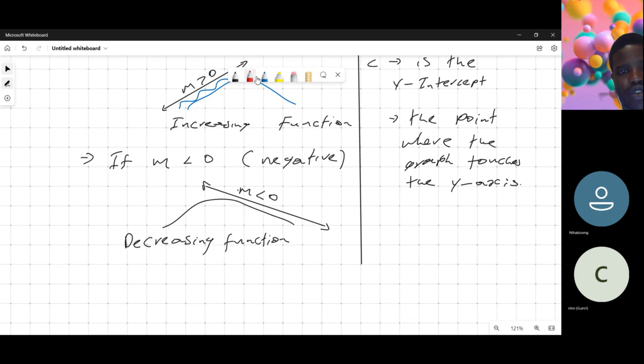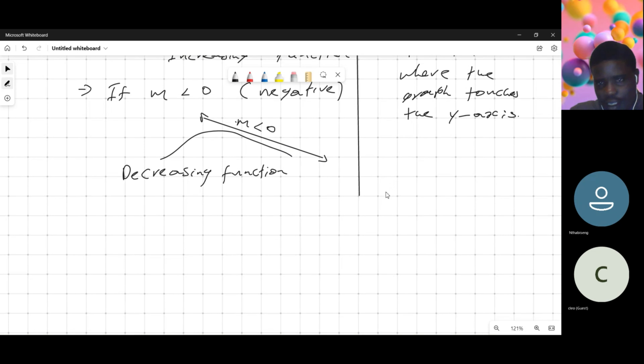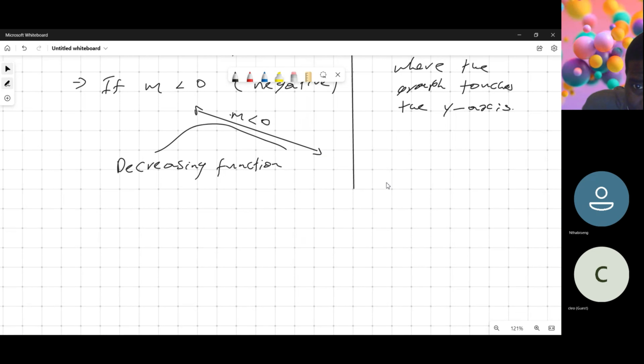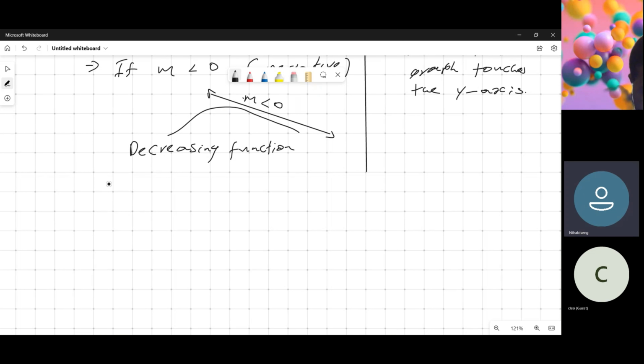The other thing that we need to talk about on this graph, we'll have to sketch it first so that we can explain this. The domain and range. Domain refers to the input values and range refers to the output values. Let's have an example and sketch the straight line graph nicely.